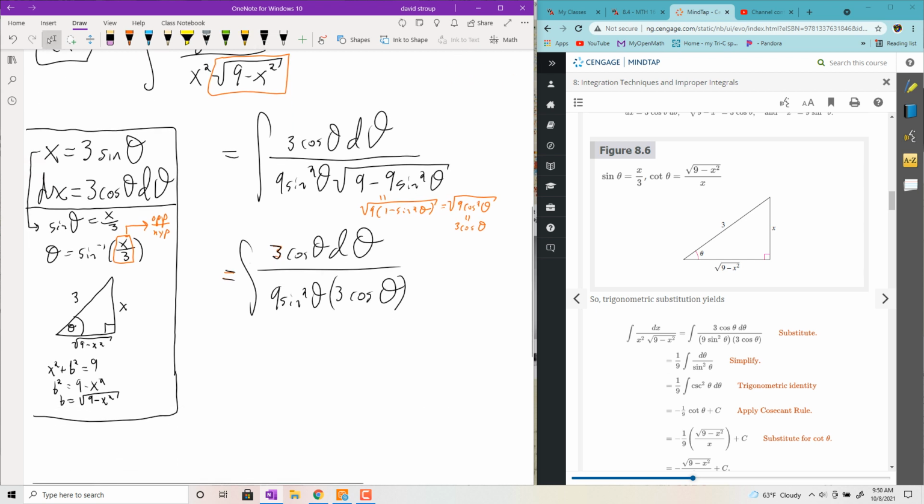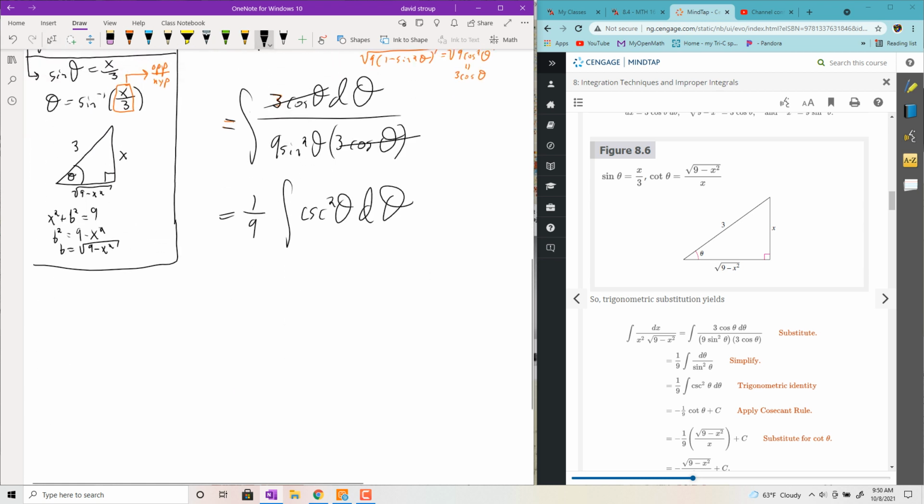Okay. This cancels nicely. I can factor out any constants, 1/9. 1 over sine squared is the same as cosecant squared theta d theta, and I know that's just the antiderivative of, well, kind of cosecant, right? So I'm going to end up with 1/9 negative times cosecant, or rather it's cotan, right?